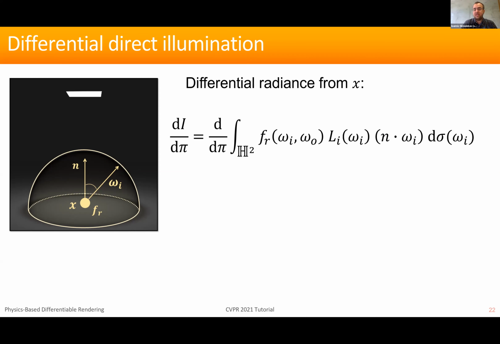We want to take this intensity I that we've written as an integral and differentiate it with respect to some parameter pi in our scene. And to see how to do this differentiation, we'll distinguish between two different types of parameters.